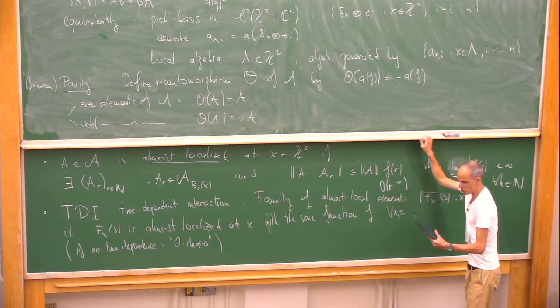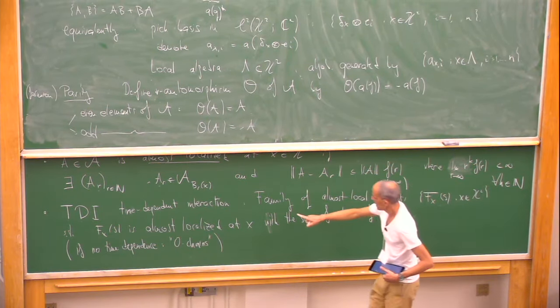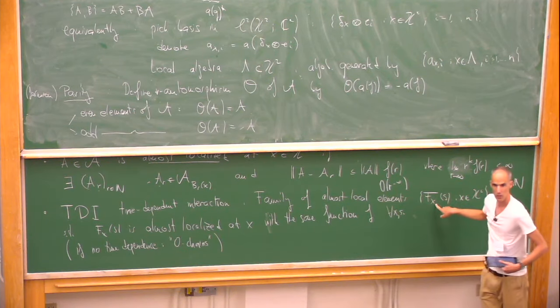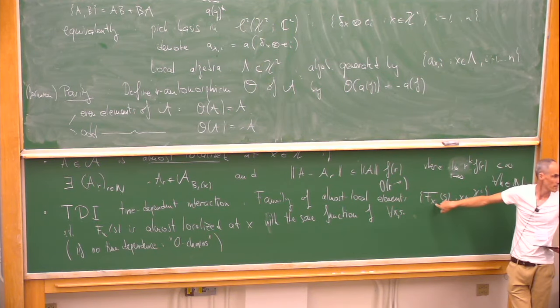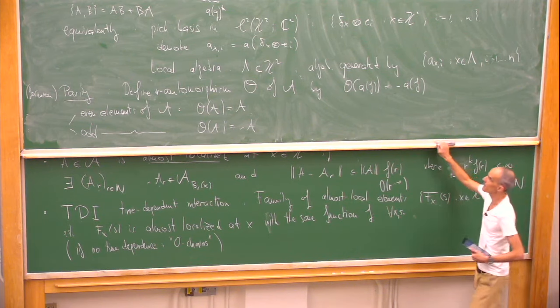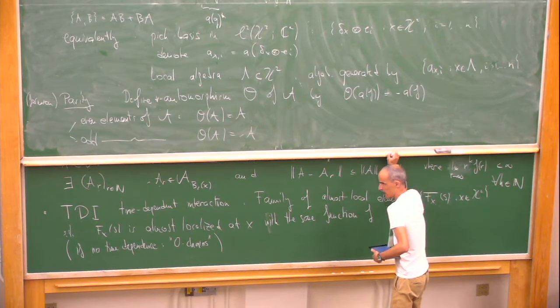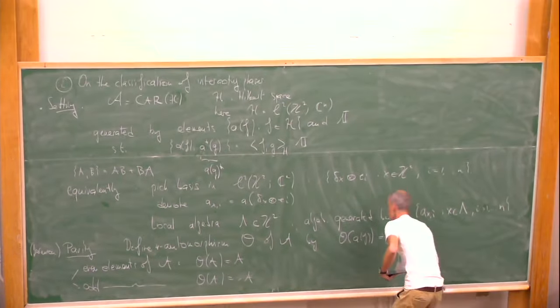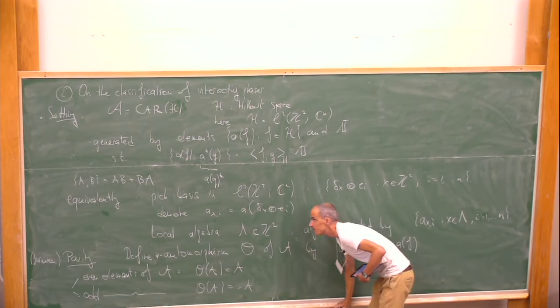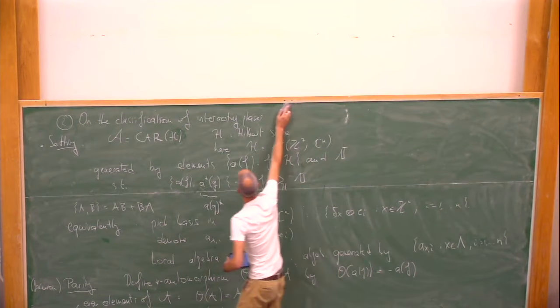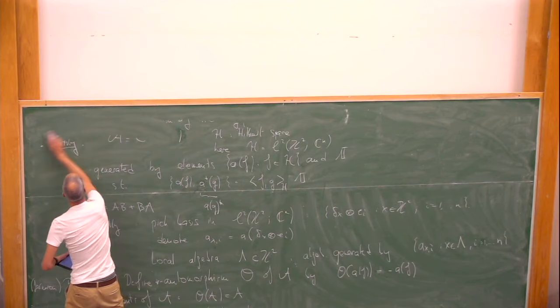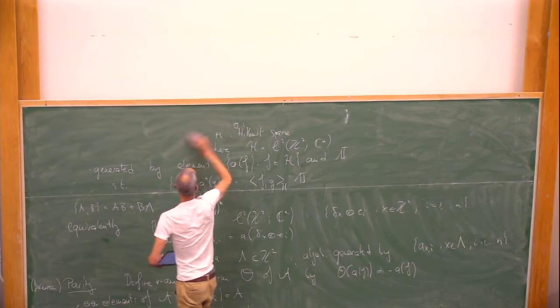Okay, so we now have almost localized observables. We have TDIs, which you should think of as time-dependent Hamiltonians, in the language used this morning. So why do we want to have TDIs?